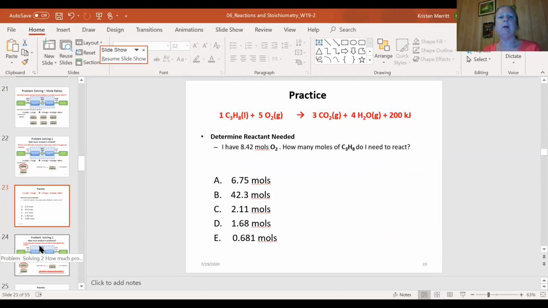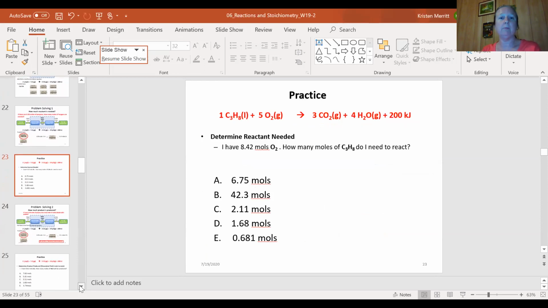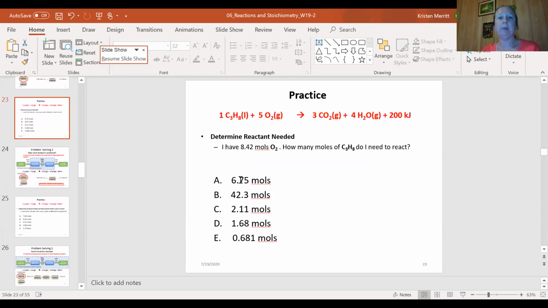Okay, so here's another one coming at it. We've been doing propane. Well, now we're given the amount of oxygen, right? It's already in moles, so that's really good. All we have to do is change identity. So I will work it out, but you should pause right now and you should work this out and then come back on.